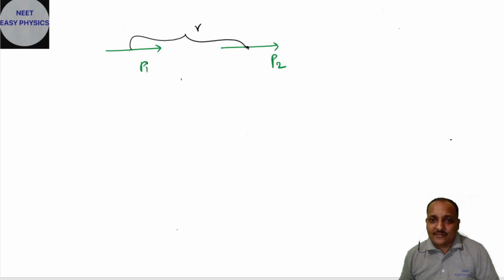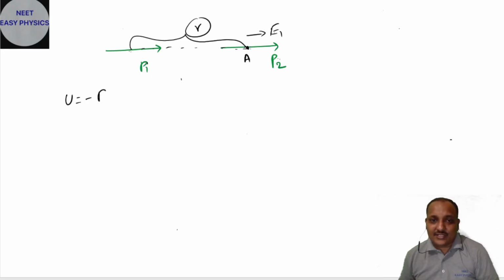Now this point, if we take A, this A is on the axial line for P1, correct? Distance small r. Now on the axial line, what is the direction of electric field? In the direction of the electric dipole. These we discussed in concepts, isn't it? On the axial line, equatorial line. Now E1 and P2 are both in the same direction.